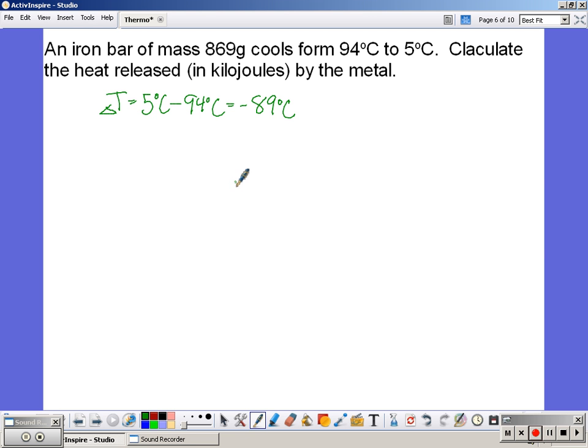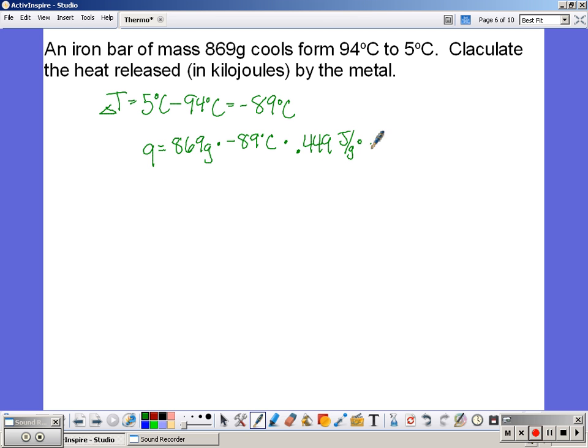So Q would equal 869 grams times a negative 89 degrees Celsius times the specific heat of iron. The specific heat of iron would be 0.449 joules per gram Celsius.